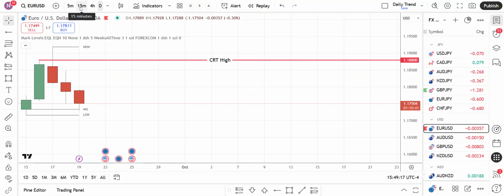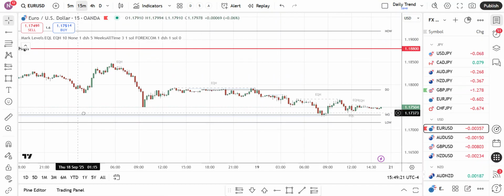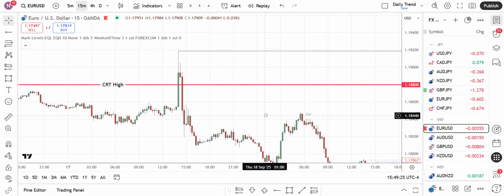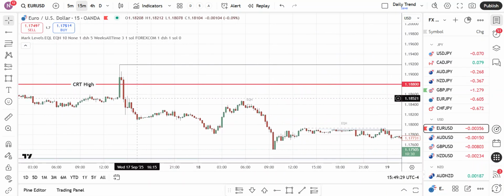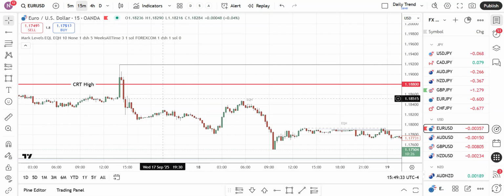Let's take a look at our possible entry. So I'm going to go down to a 15-minute chart and see where our entry would have been on Wednesday. And it didn't close inside of it until 2:30. This was the Fed decision as well.